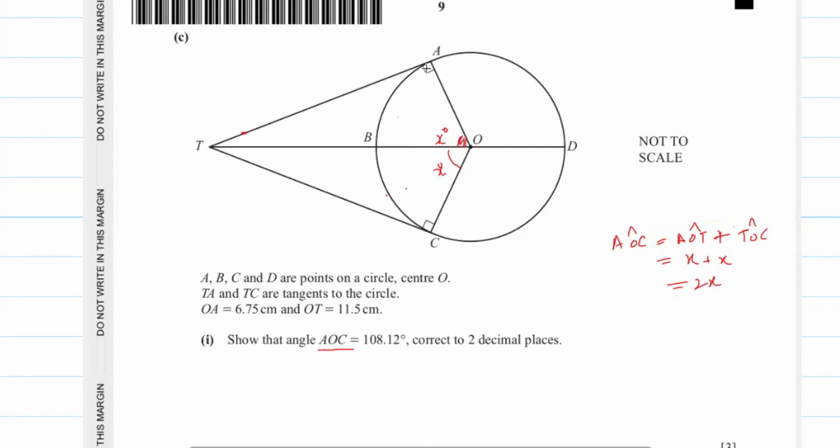Look here, this length OA here is 6.75, and this length OT is 11.5. And this is the right angle triangle. According to this right angle triangle, this side is opposite to the 90 degrees. Therefore, this is the hypotenuse, and this is the adjacent side to the angle.